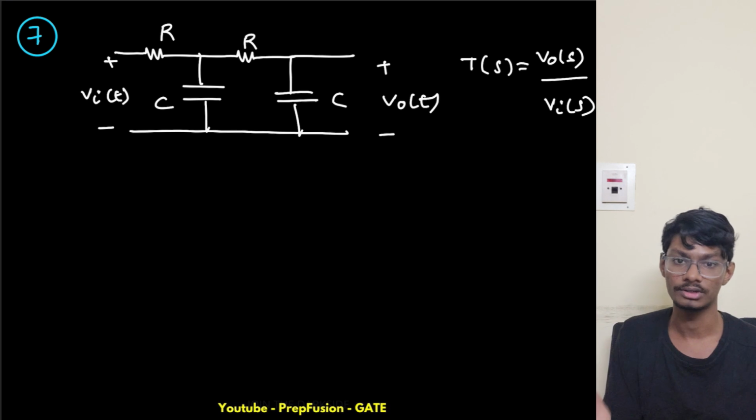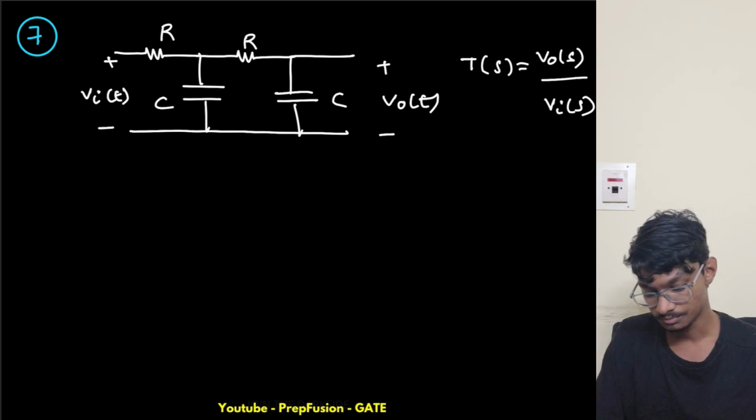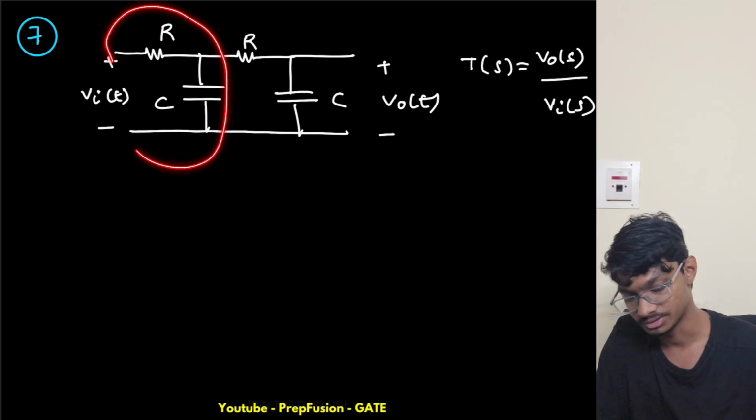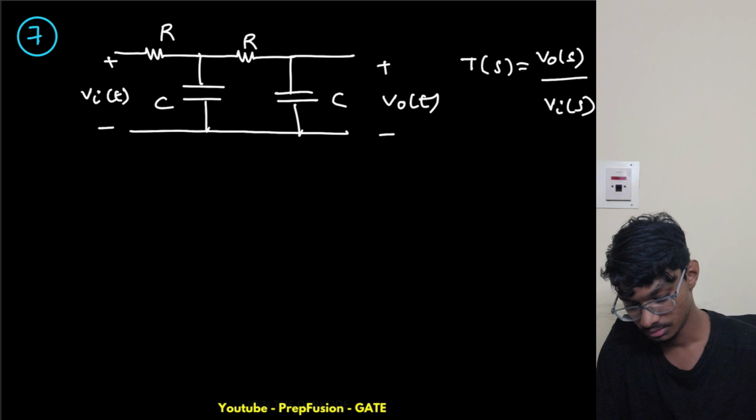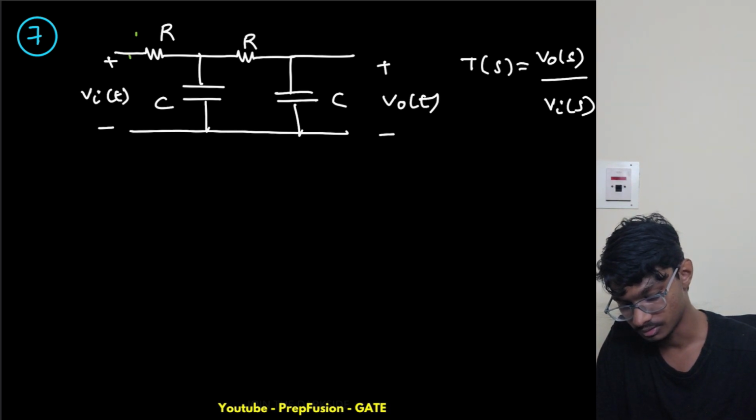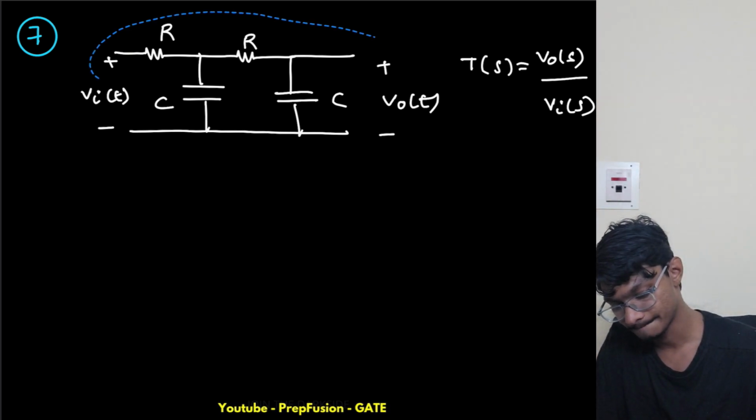What do I mean by that? I will explain in the next few slides. So let me write that. What do you mean by cascading? What is the individual transfer function of this? Let me copy this circuit actually.